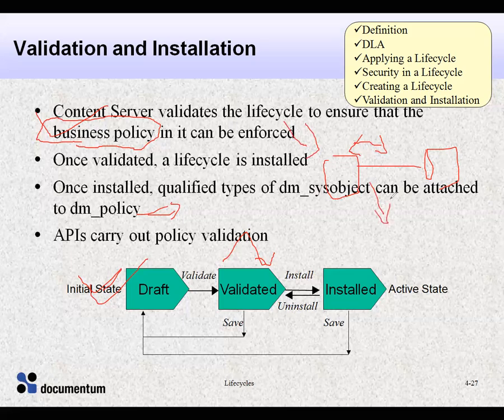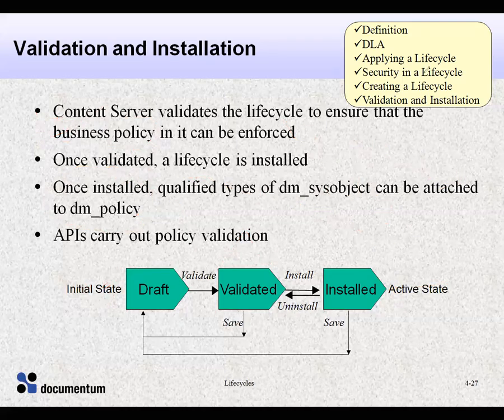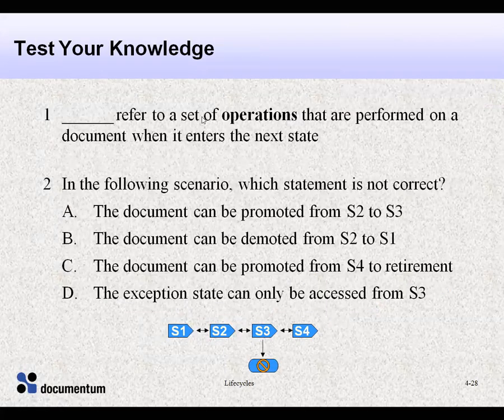During validation, the system automatically looks for errors, and it will not be installed until it is successfully validated. Once it is successfully validated, meaning there is no error in the design, then it gets installed. Once it gets installed, it creates an object of dm_policy. So this is all about the life cycle part.